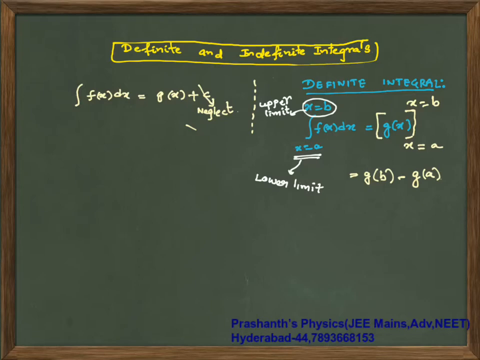In physics we don't need to keep an extra constant, which is why I asked you to neglect it previously. Now, solving the integral of f of x dx equal to g of x from x equal to a to x equal to b becomes g of b minus g of a.